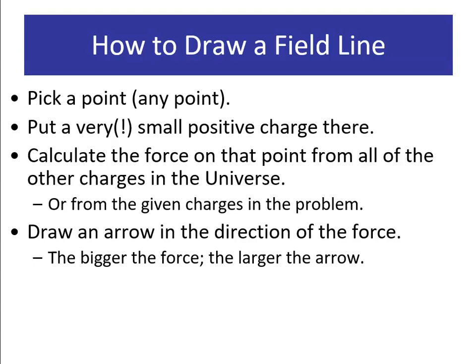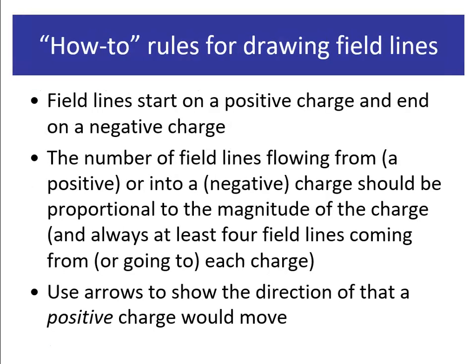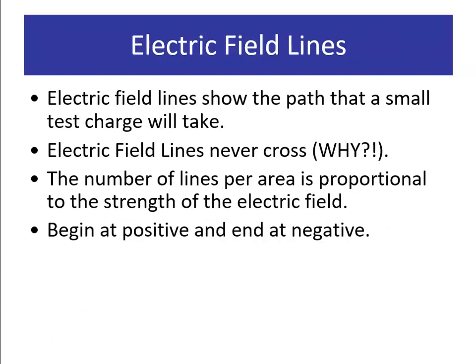If you were to calculate or determine the force on that point from all of the other charges in the universe, and you'd have both a magnitude and a direction, then you would just draw an arrow. If you wanted to denote a big force, you would draw a long arrow. If you wanted to denote a small force, you would draw a short arrow. The direction of the arrow should be the same as the direction of the force. So let's practice this on a few.